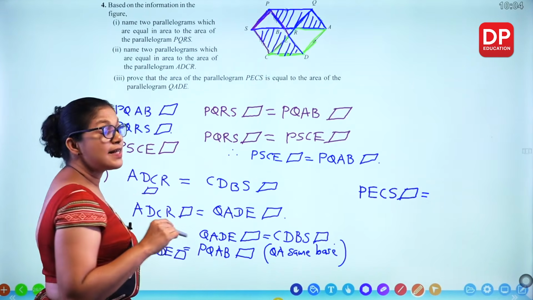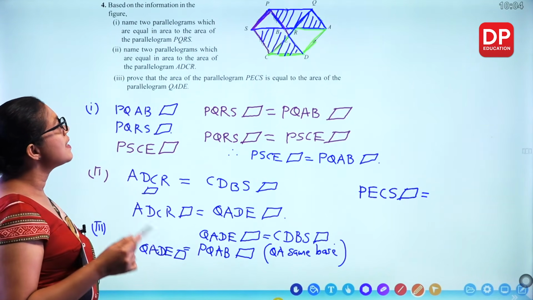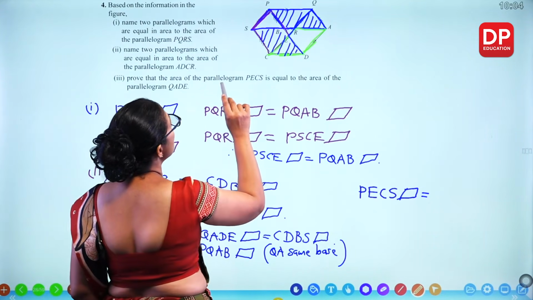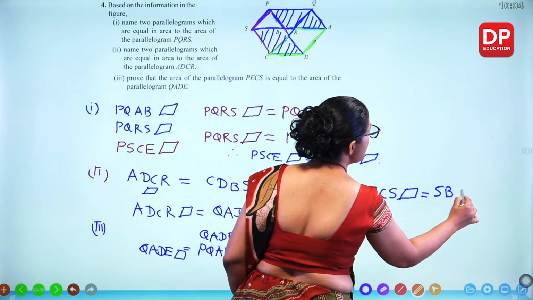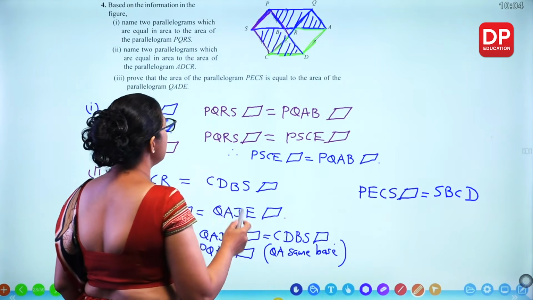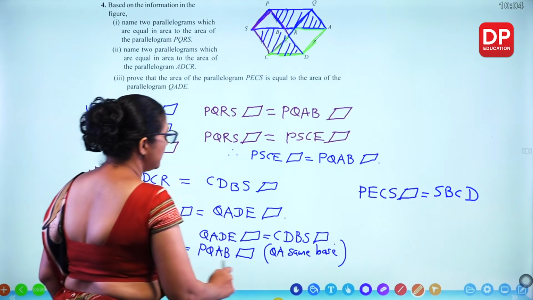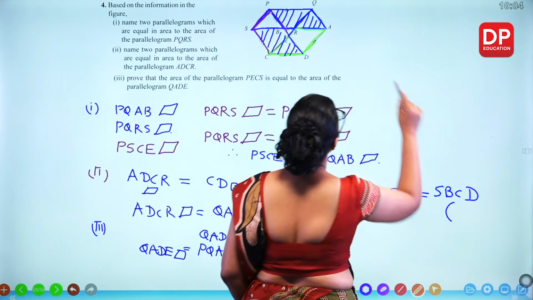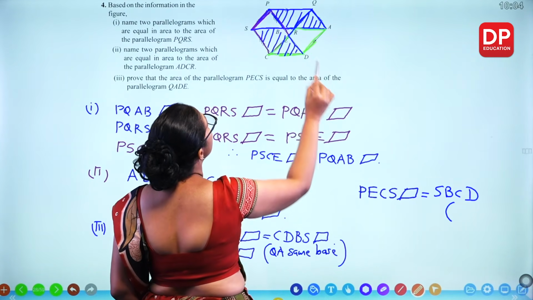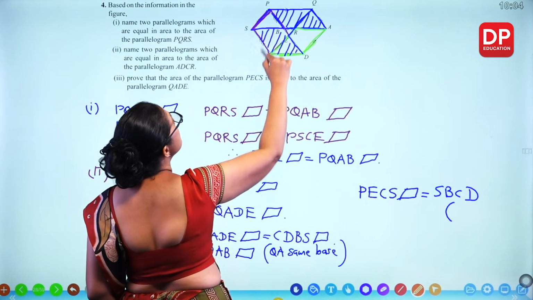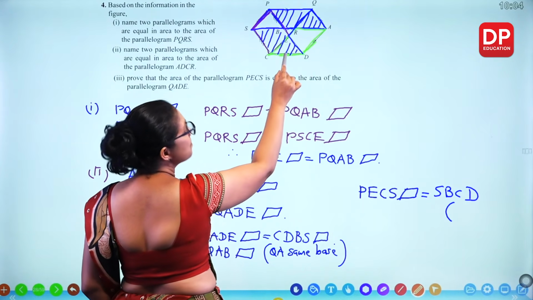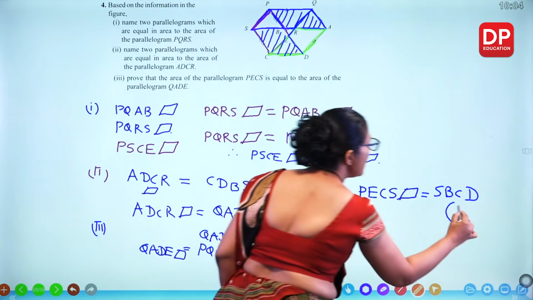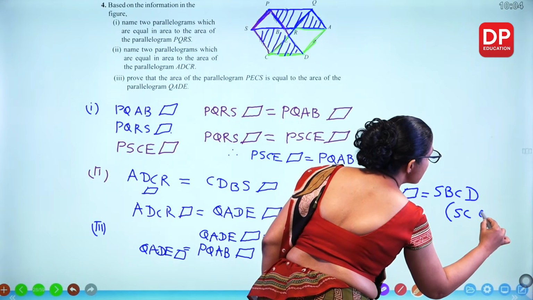Why? SC is the same base and in between the same parallel lines. So we can write SB equals CD. That means the other parallelogram, this one, what's the common base? Common base is SBCD. This is the base. SBCD and PESC. So this one, SC is the common base, same base.